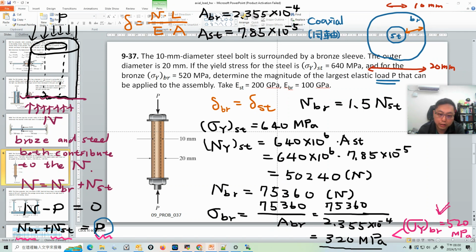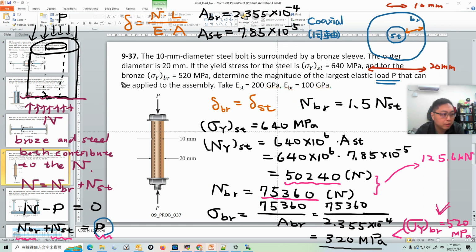At this condition it's okay, so we add these two together, and the value will be 125.6 kilonewton. So at this condition the loading is 125.6 kilonewton. Okay, it's fine.